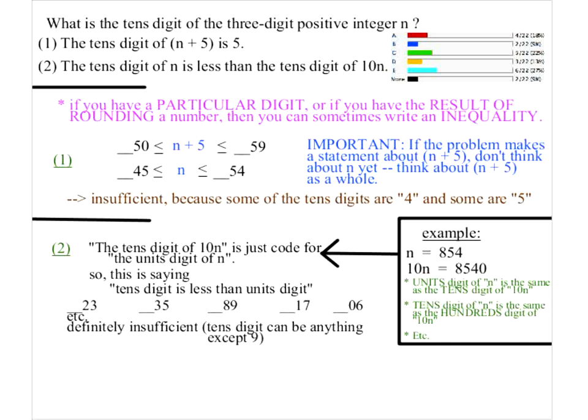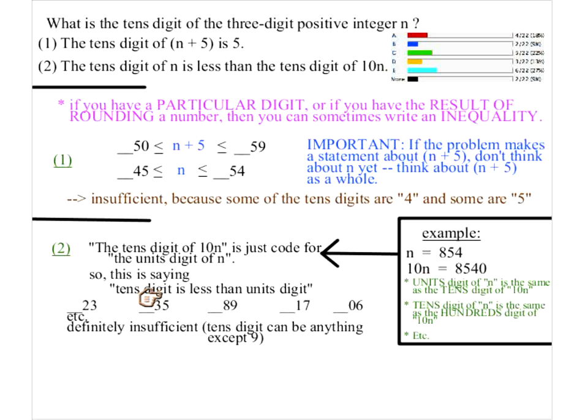The only way this can't work is if you put a 9 in that digit, because there's no digit that's bigger than that. This one you really can't solve with algebra. It's impossible to do this with algebra.